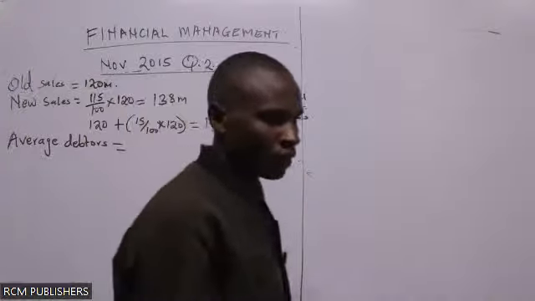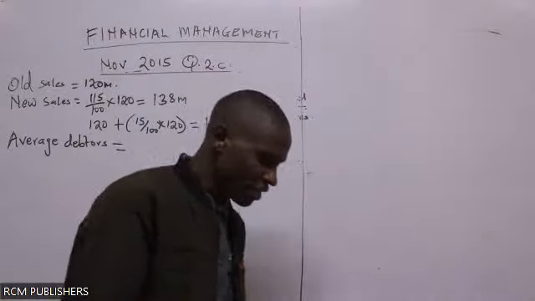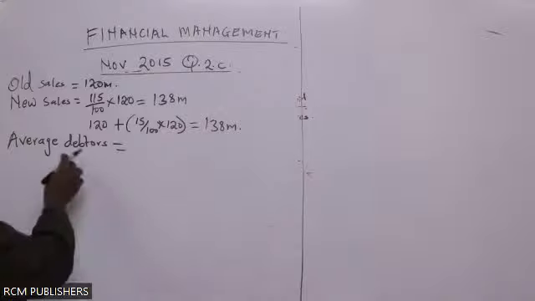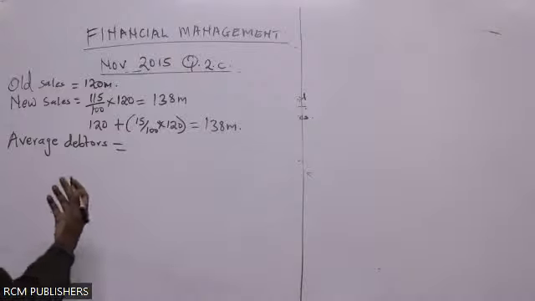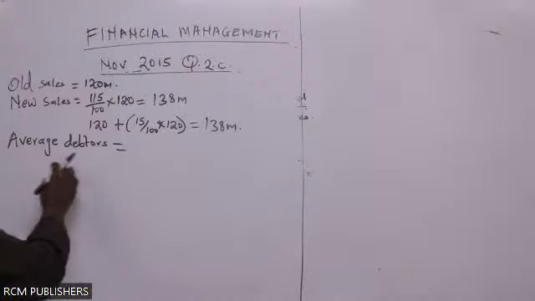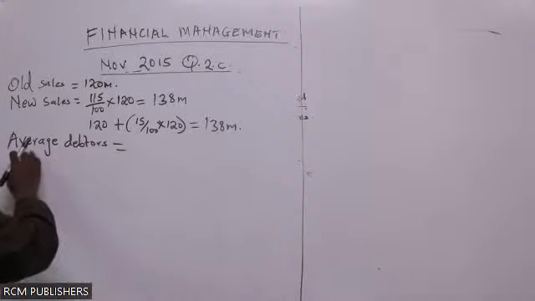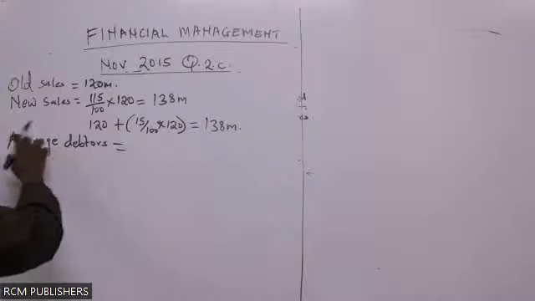Judy, when we were analyzing the financial statement using ratios, the formula that I gave you is the average correction period. Now, let's see from that formula, how can we deduce average data?